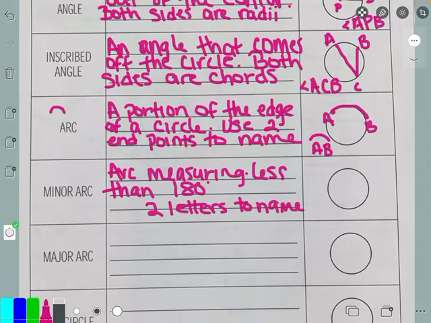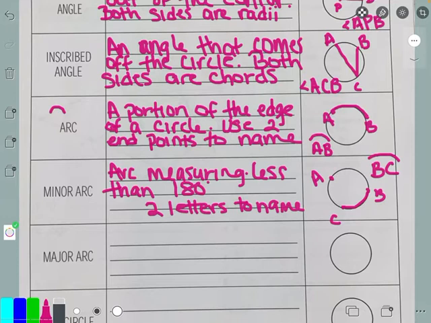So for example, if I were to put 3 dots on this circle, I'm going to call these dots A, B, and C. We can see that BC is obviously less than half that circle, so we would call this arc BC. And we know it's a minor arc because it's less than half that circle.